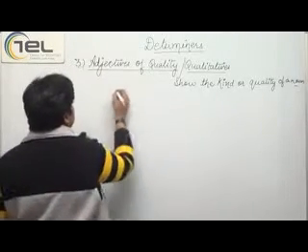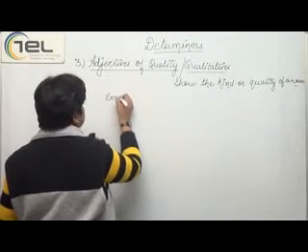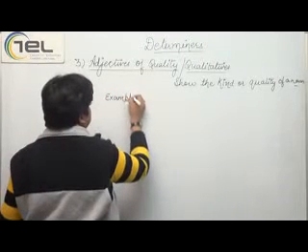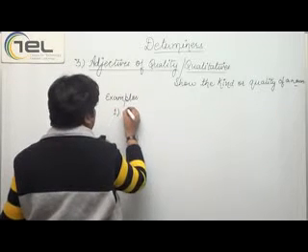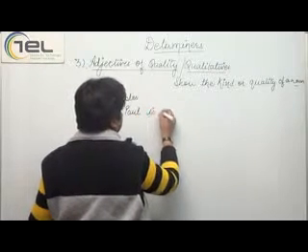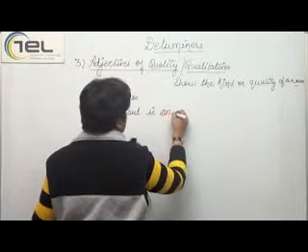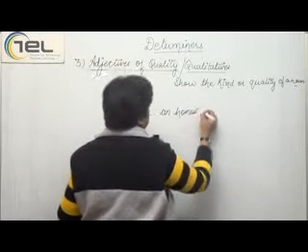So, let's take a few examples here. Paul is an honest man.